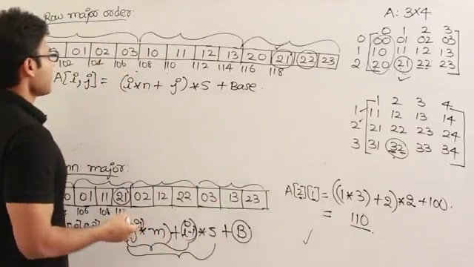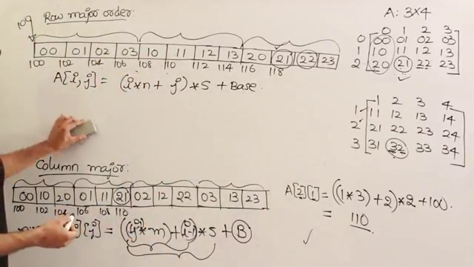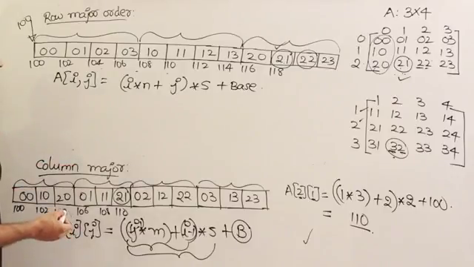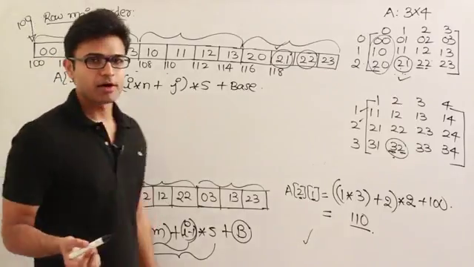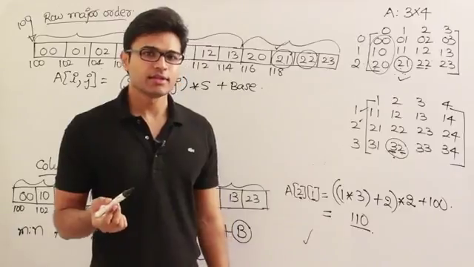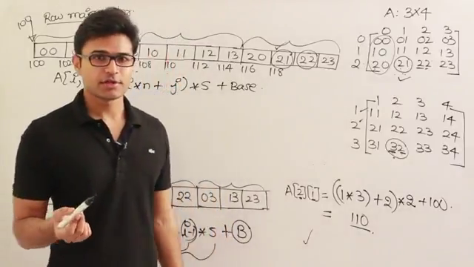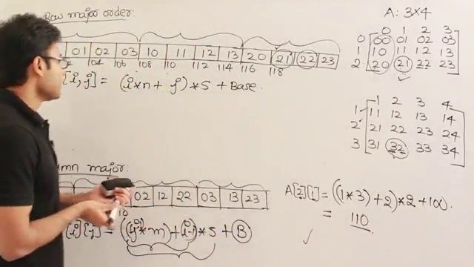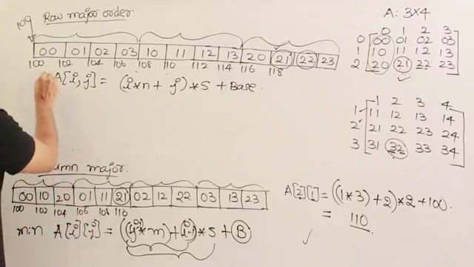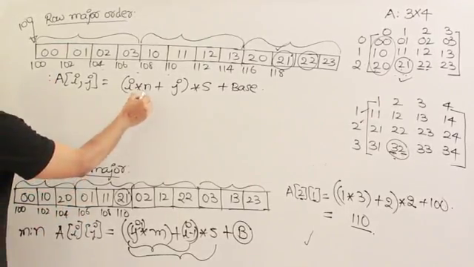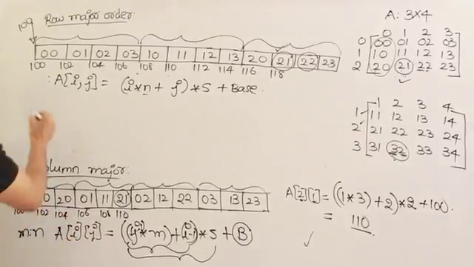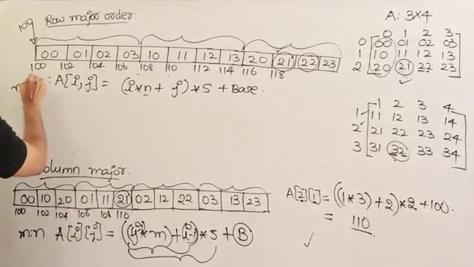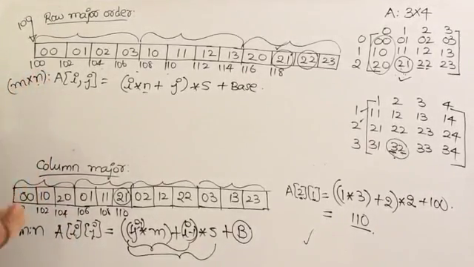One thing you should understand is, in computer science generally everything will be in powers of 2. So let us assume that even the array sizes are given in powers of 2. What is n here? n is the number of columns, remember? A is an m by n array, which means n is the number of columns.